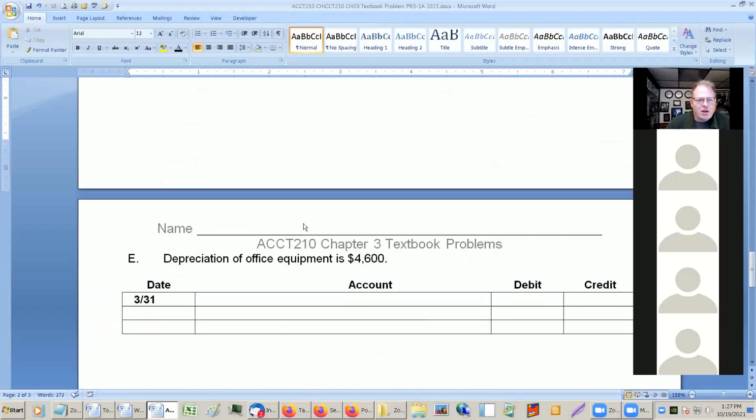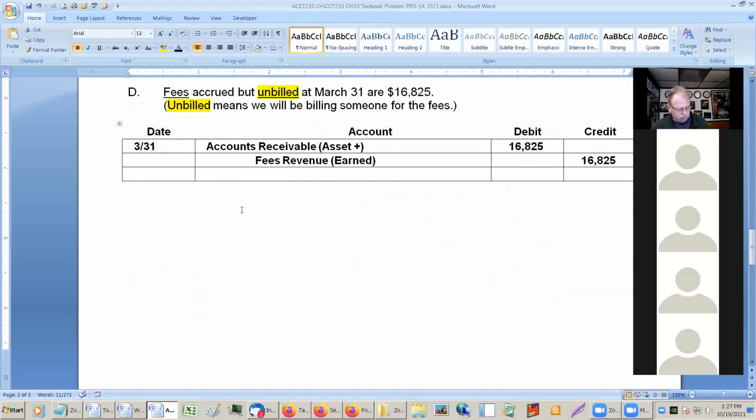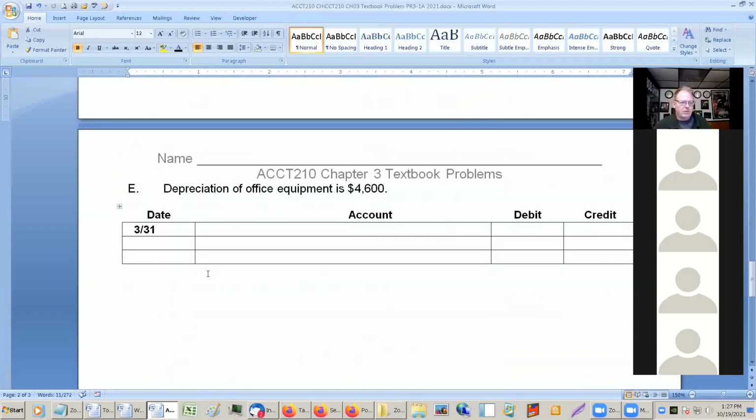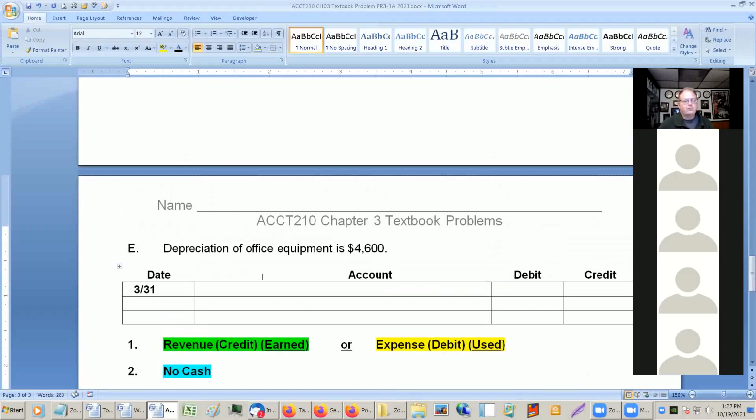Okay, and we have one more, and luckily it's the easiest one. Depreciation of office equipment, 4,600. Our journal entry for depreciation is always the same.